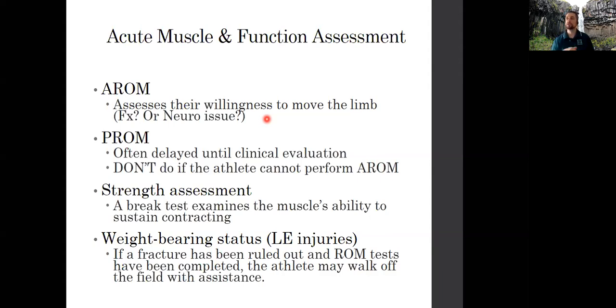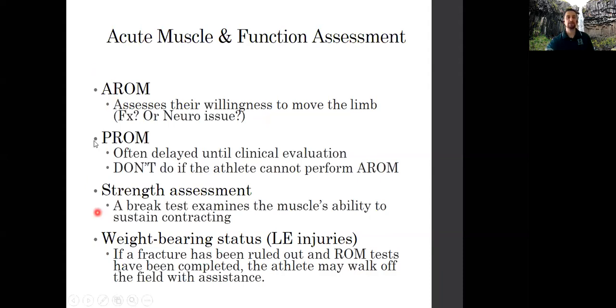If the palpation tells you, I don't think it's fractured, so I'm thinking maybe it's a ligament or muscle injury, a sprain or a strain, you can ask them to move it, active range of motion. If they're not willing to move it at all, right? They're not willing to complete active range of motion, stop what you're doing, think about how you're going to transport them, get them to the ER for either x-rays or an ortho workup.